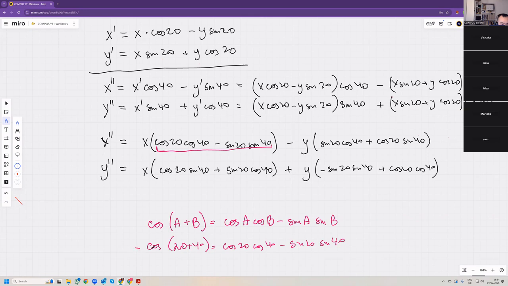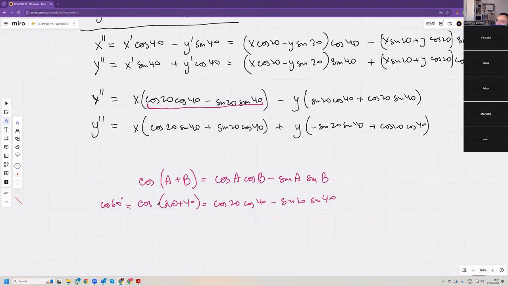Cos of 20 plus 40, that's simply cos 60. Yes, can you see it now? That this is cos 60, and this is cos 60. And then sine A plus B in a similar fashion is sine A cos B plus sine B cos A. So that's sine 60, and this is sine 60.